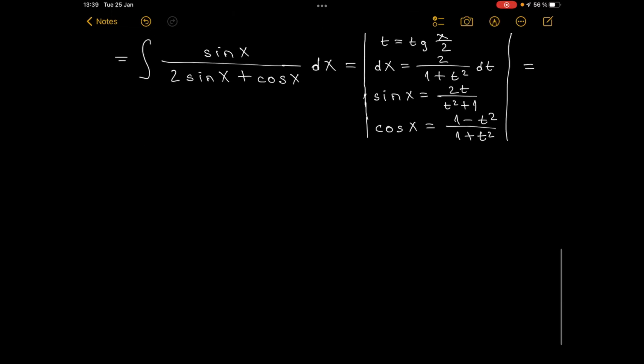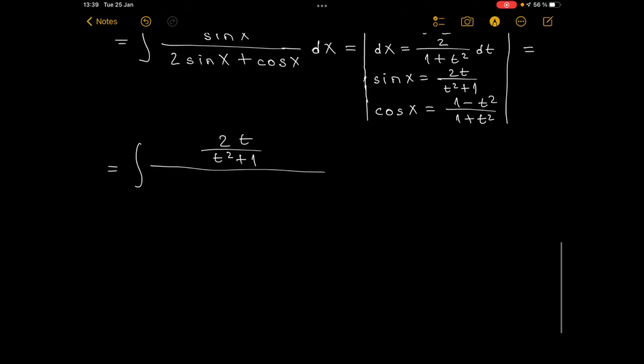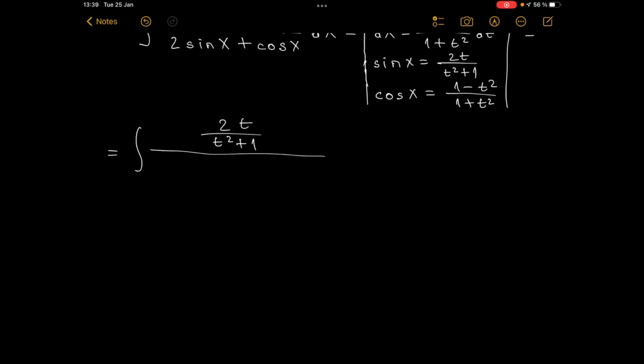Now it's going to be pretty simple. Instead of sine x, I'm going to write 2t over t squared plus 1. In the lower part here, we'll get 2 times 2, which is 4, times t over t squared plus 1, plus 1 minus t squared over 1 plus t squared.